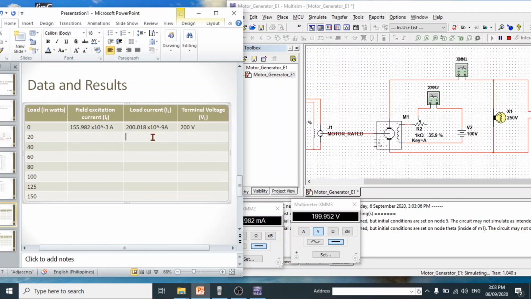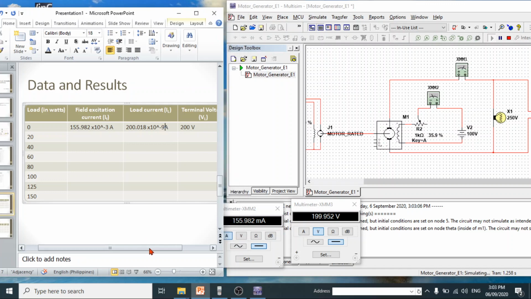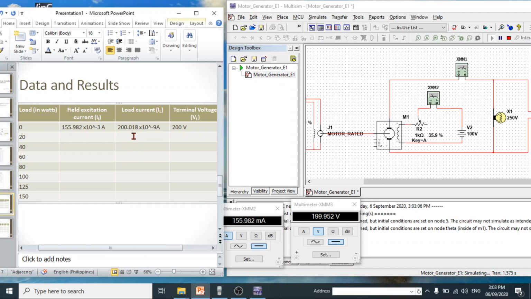So this time the load current is equal to 63.985 milliampere, or 63.985 times 10 to the power of negative 3 ampere.